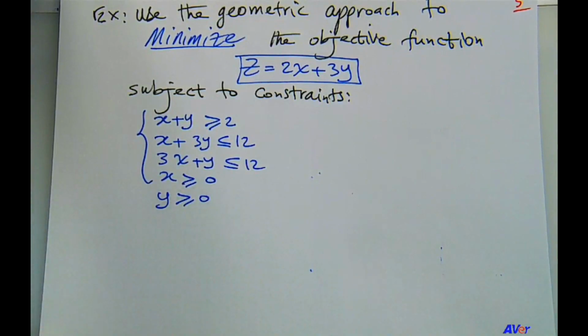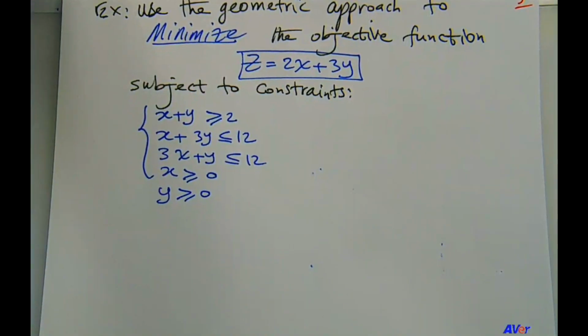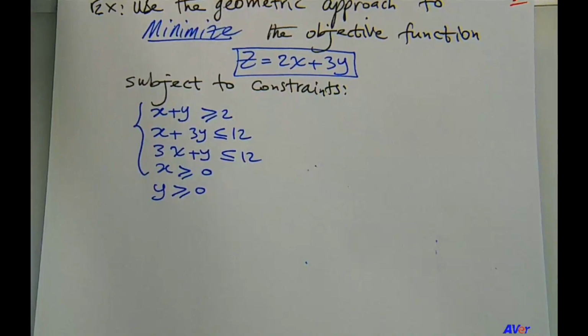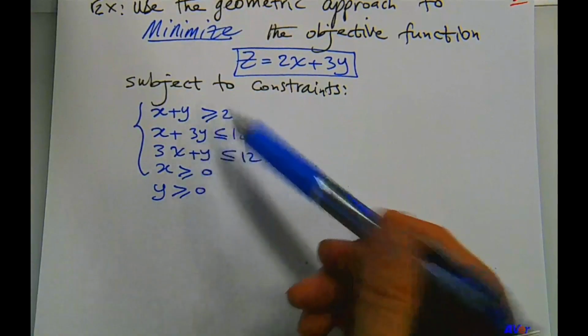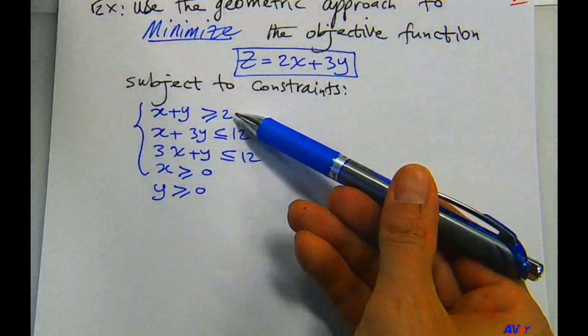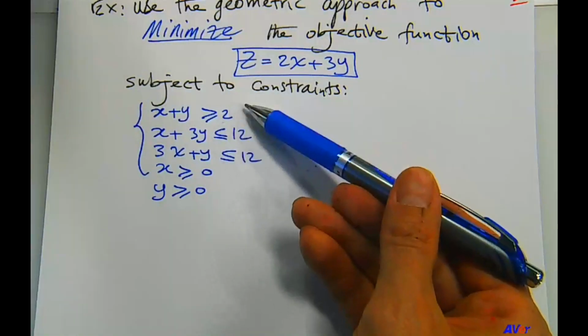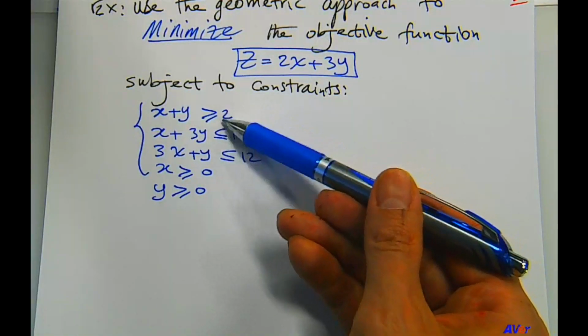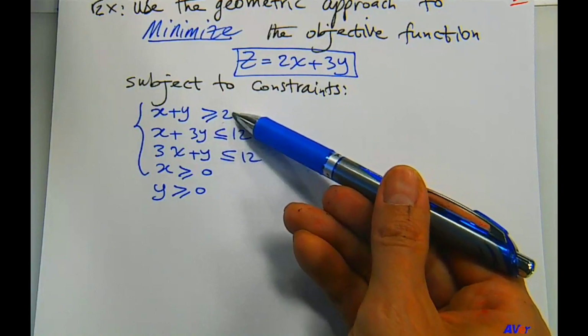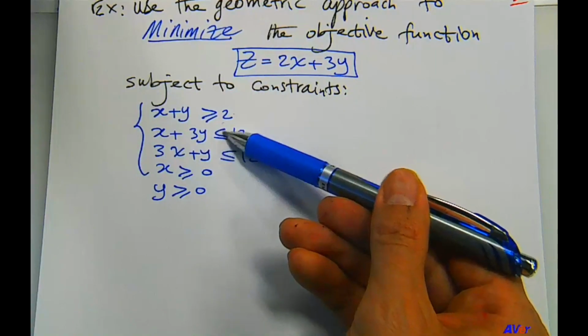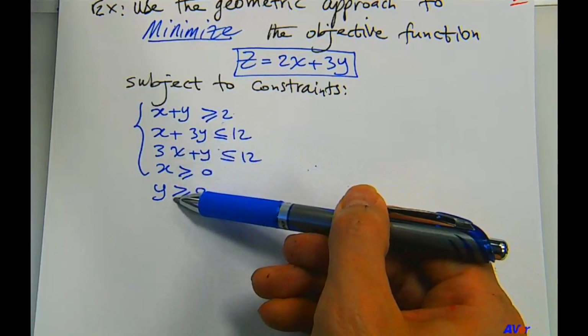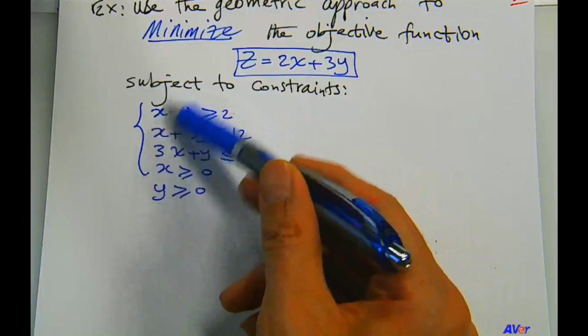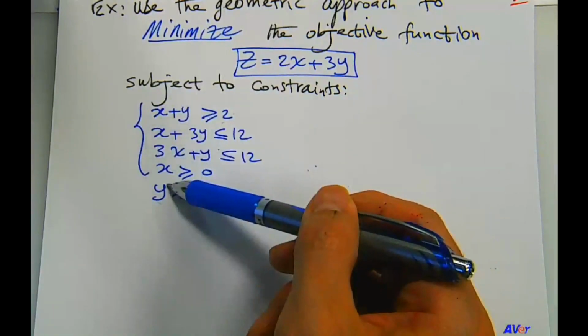To these 5 constraints. Okay, so just like before, we need to find the boundary solution, pick a test point on either side, doesn't make any difference, find which side is the solution of this inequality, do the same thing with this one, with all of these, and then see where all of these guys overlap.